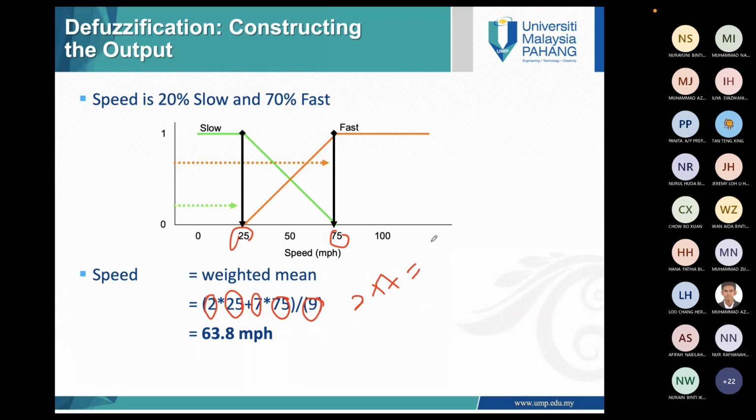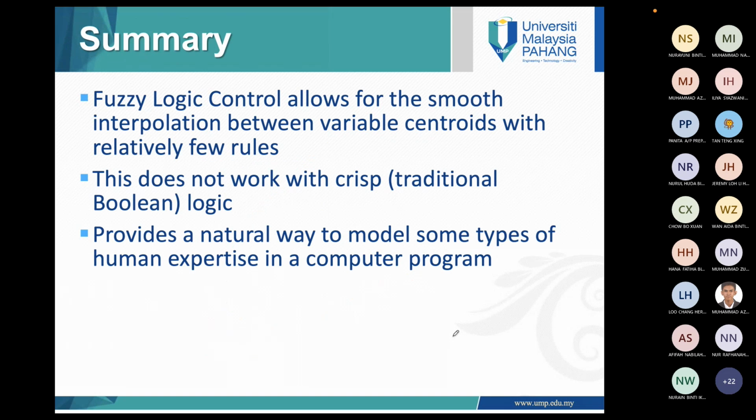So 2 times 25 plus 7 times 75, divided by 9. You will get the value of 63.8 miles per hour for this specific question.